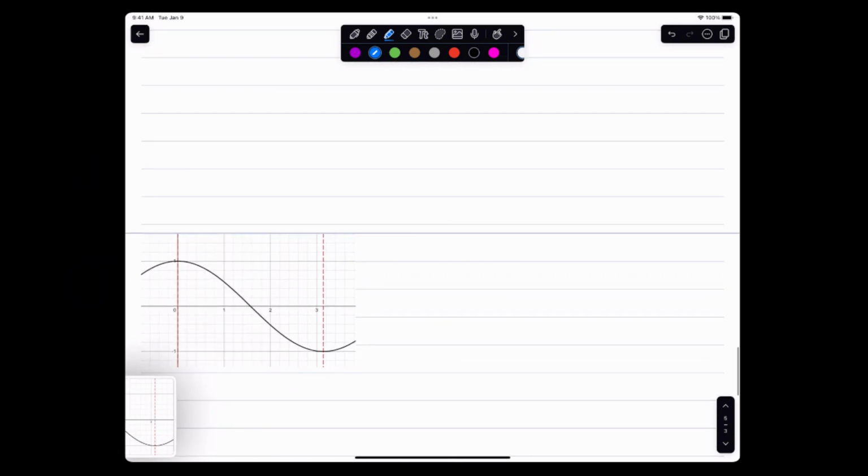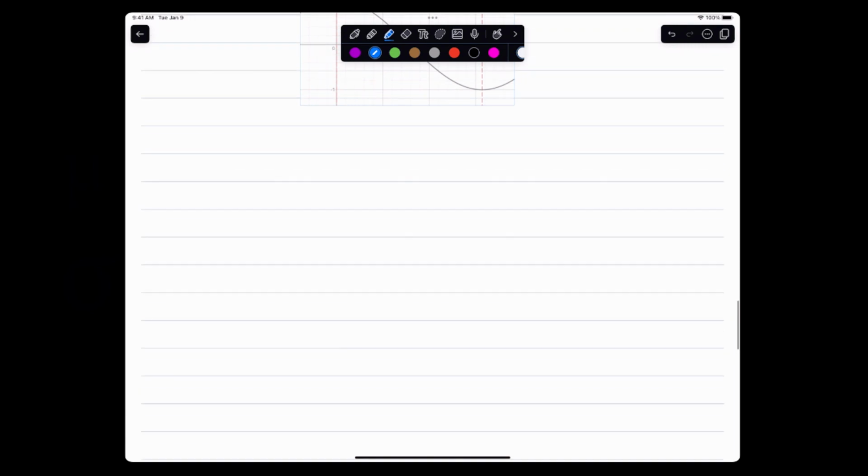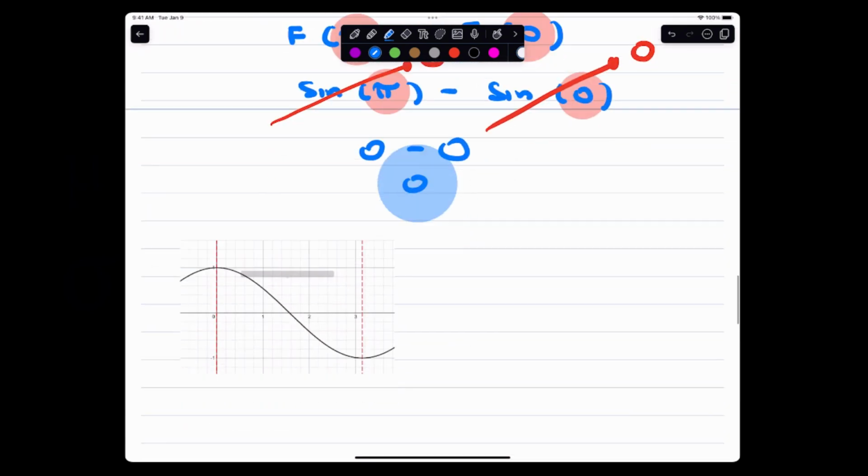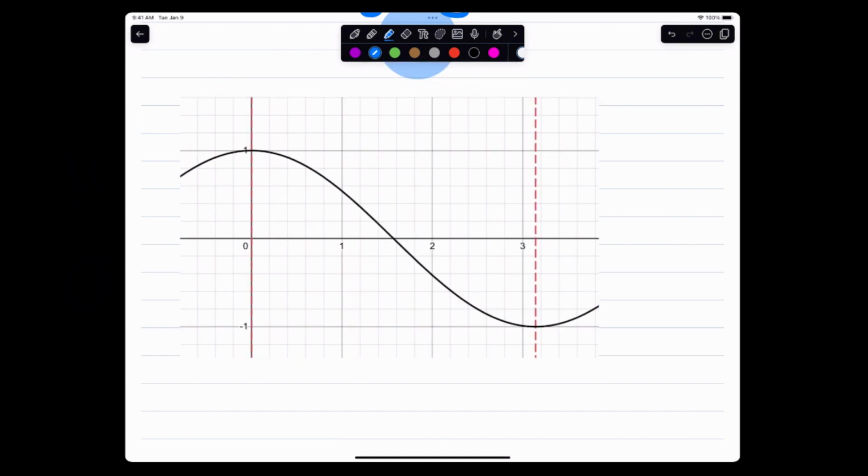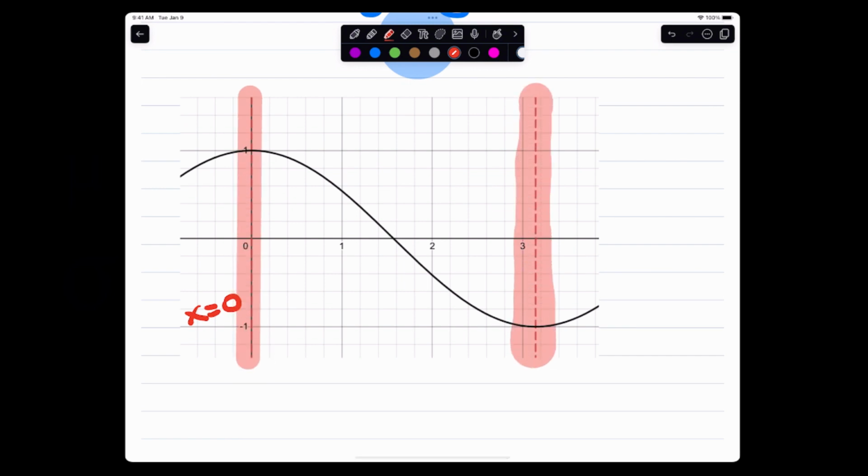There we go. What do we know? This is from 0 to pi, is that right? Remember, this is that line, x is 0 over here. And over here, you have the line, x is what? Pi. Isn't that pi over 2?